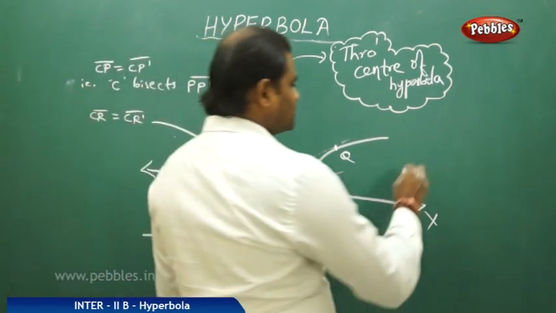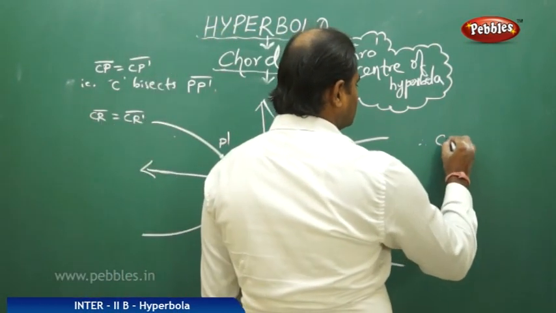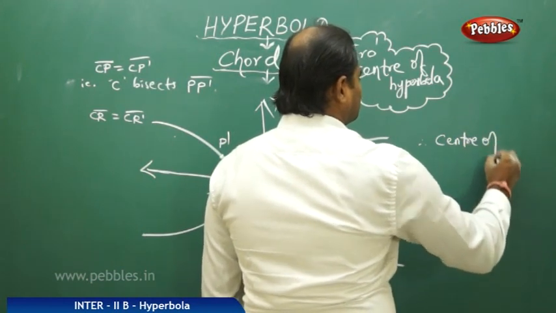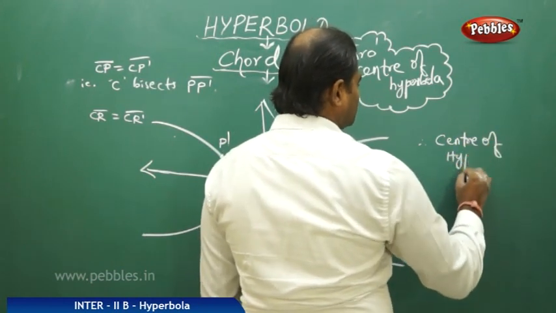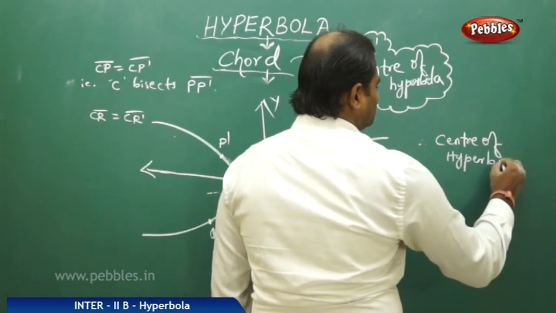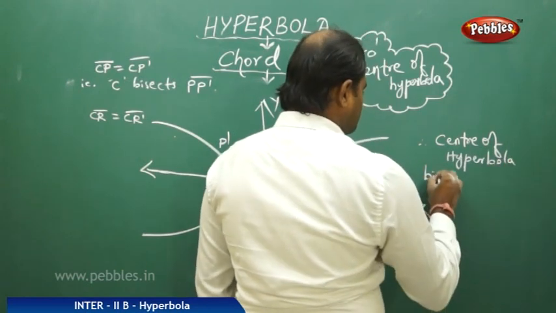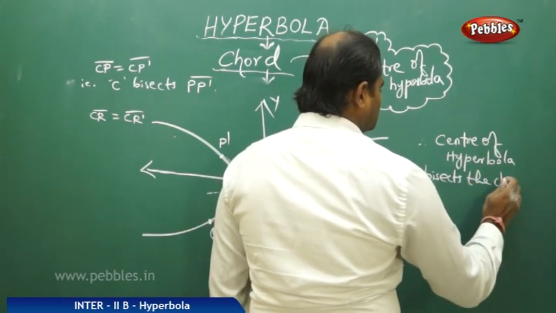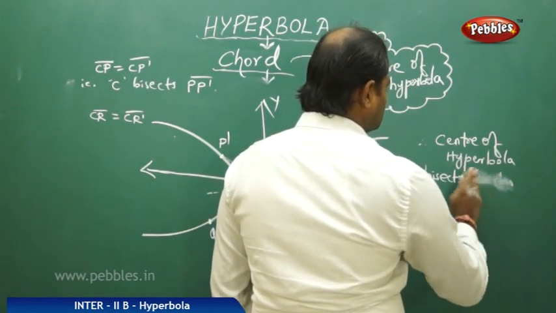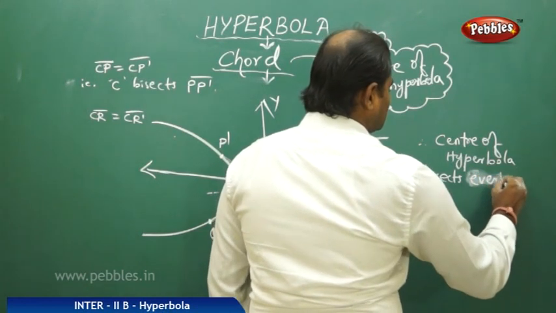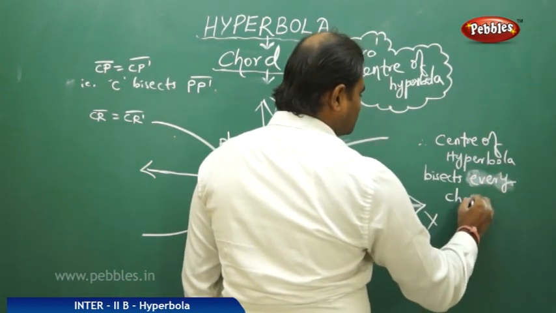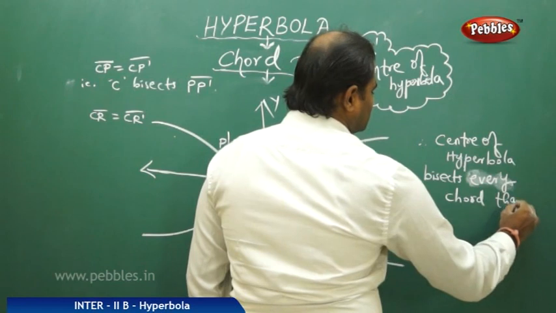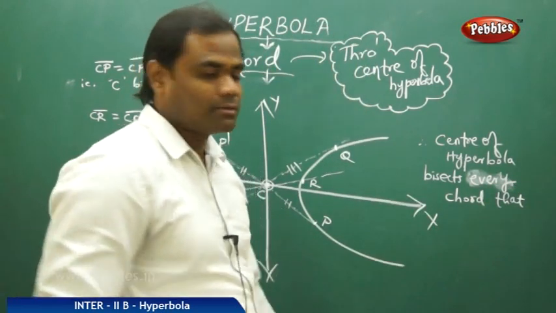Therefore, I conclude that the center of the hyperbola bisects every chord that passes through it.